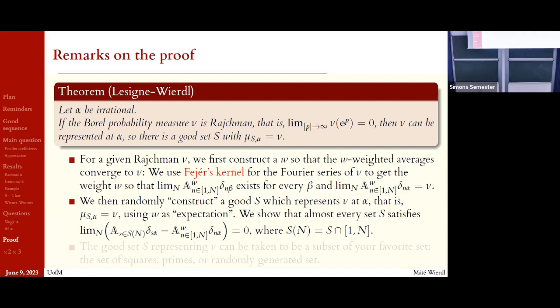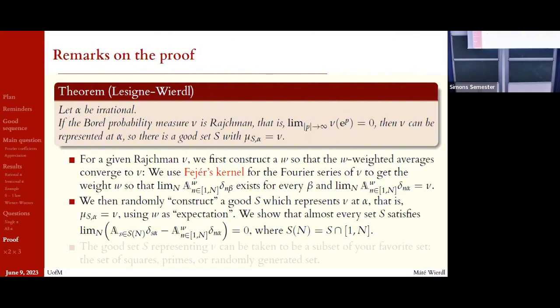So what we do is we show that almost every set S satisfies the following. We look at the average along that random set. Sn here is actually the initial segment of the set S. And that's what we average over.